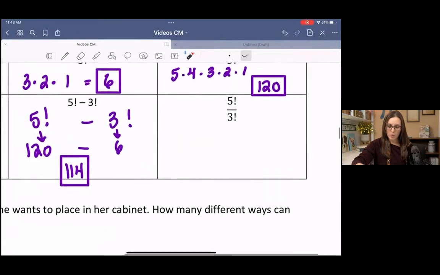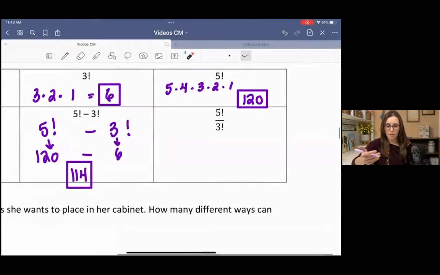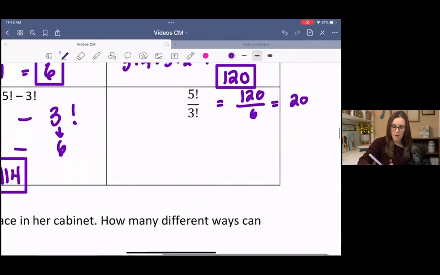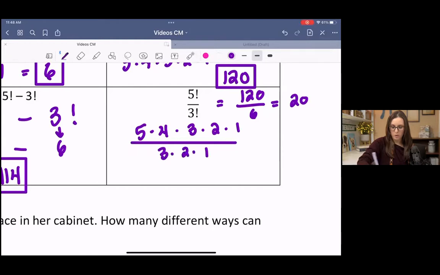This last one, we can do two different ways. The first way is to use substitution. We know that 5 factorial is 120, and we know that 3 factorial is 6, and we could just divide those. Or another way, which is going to be helpful as we learn more about factorials, is to write this out in expanded form, 5 factorial over 3 factorial.